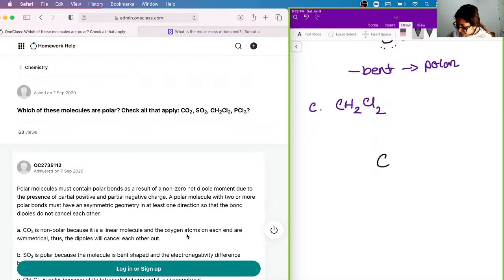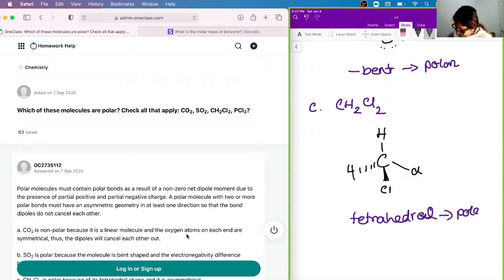So we have C, H, Cl, and you can see this is a tetrahedral shape, and so this is polar. And this is asymmetrical, right?